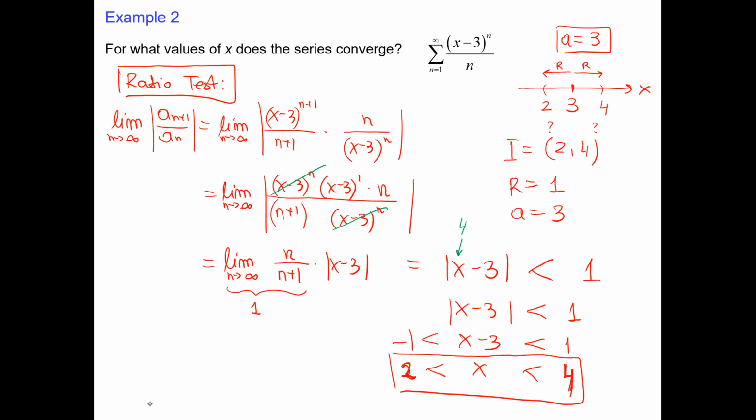The ratio test is inconclusive. That's why we cannot really use the ratio test. But since we're not testing the entire number line, not infinitely many numbers, we're just testing 2 values. Let's simply substitute 2 and 4 into the original formula and look at the infinite series. It will not be a power series.